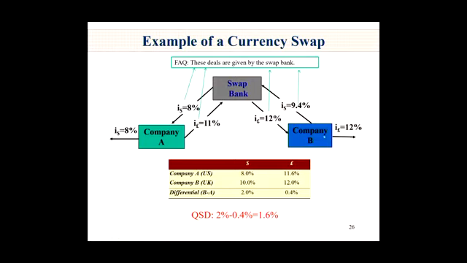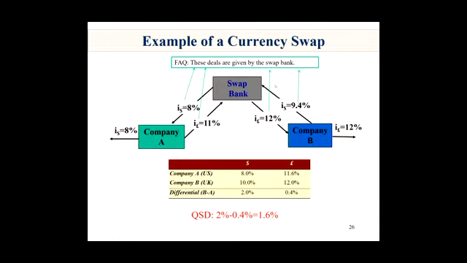Yep. Company B would prefer to borrow in dollars, but it's cheaper for them to borrow in pounds. So the swap bank says, we will pay you a pound interest rate of 12% and swap that for a dollar denominated interest rate of 9.4. Okay, so from the swap bank they receive 12% pound debt, which they then use to pay off their pound debt, right?